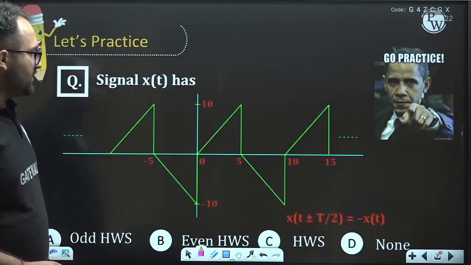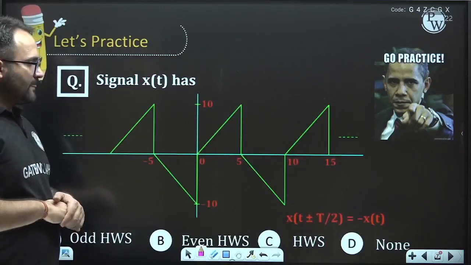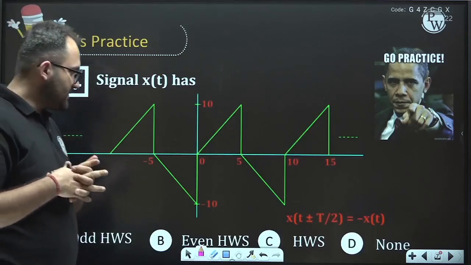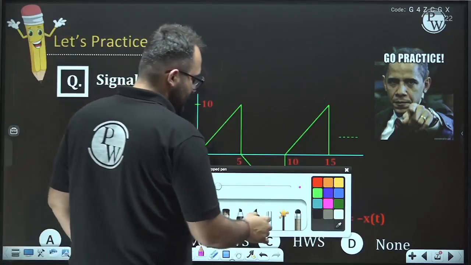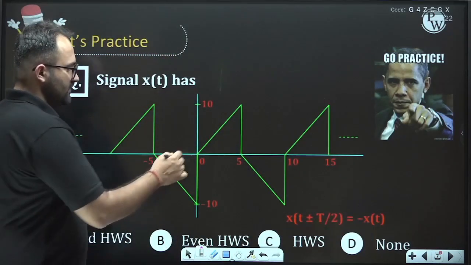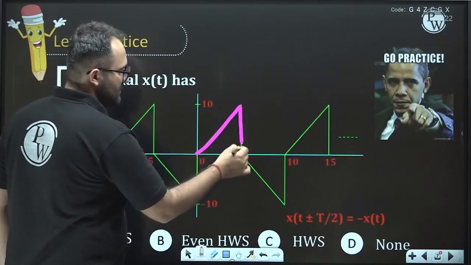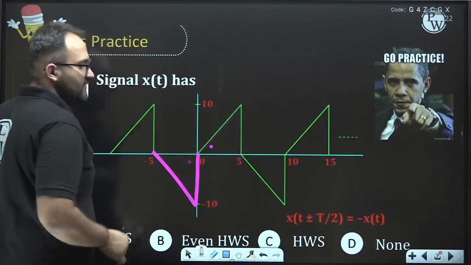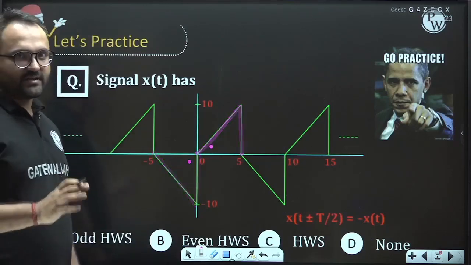Great. What about this signal? Does it have any symmetry? So let us check. We can see that it does not have any even or odd symmetry, because here the triangle is like this and here the triangle is like this. First thing.